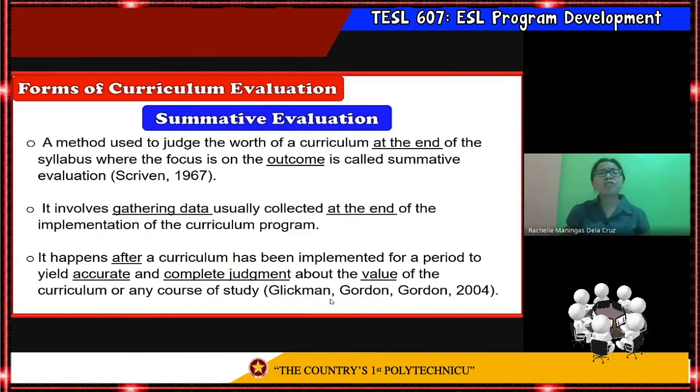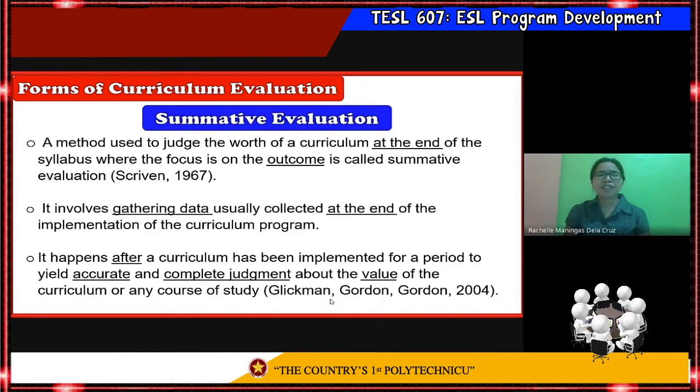So it involves gathering data usually collected at the end of the implementation of the curriculum program. So it happens after a curriculum has been implemented for a period to yield accurate and complete judgment about the value of the curriculum or any course of study.